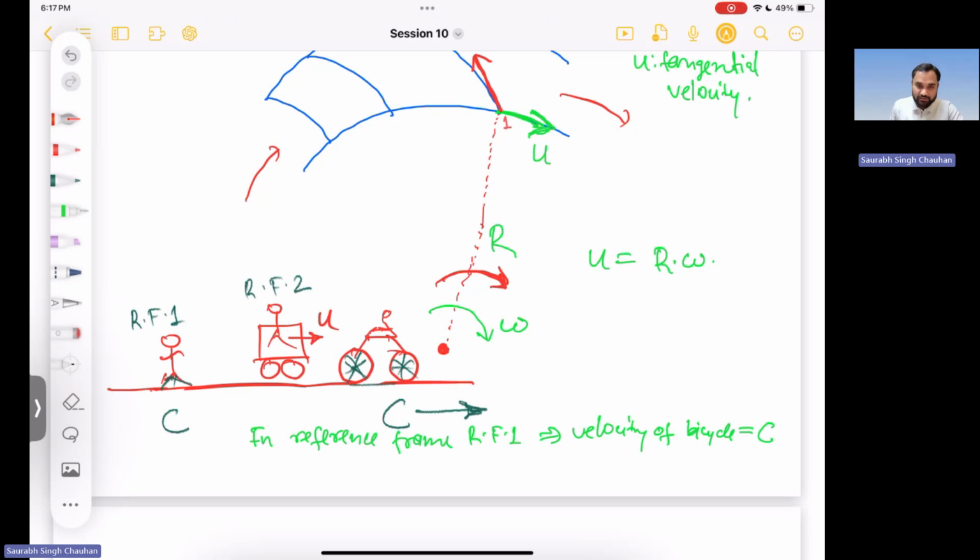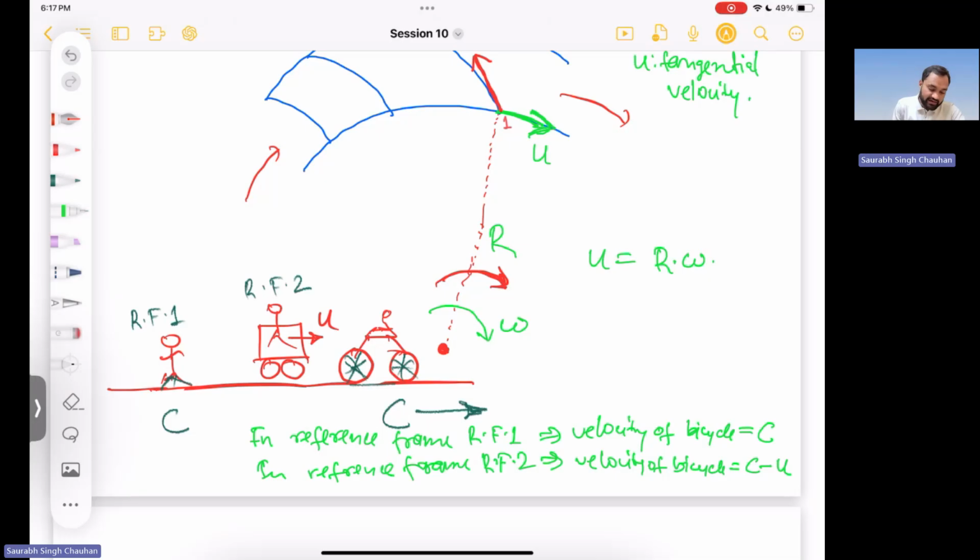But in the reference frame of the person sitting in the car, let us call that RF2, the velocity of the bicycle will be c minus u.